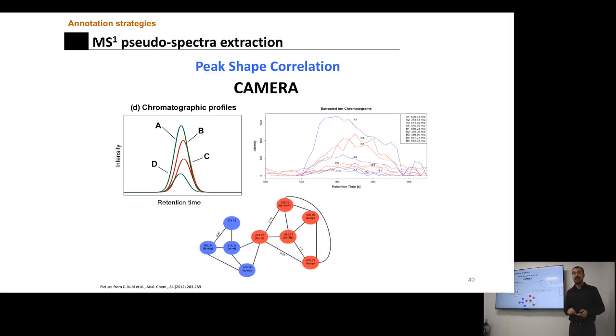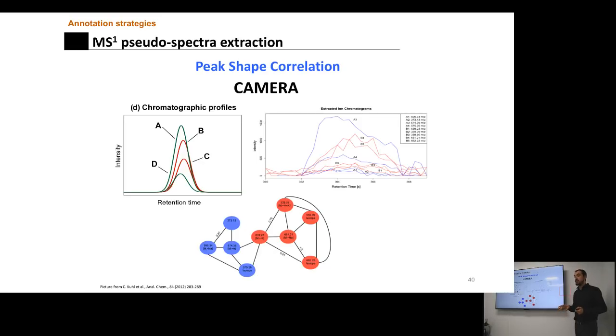It's an R package, and it's also integrated in our XCMS Online system. It starts by computing all the correlations among all the features and constructs a network, and then it extracts the features that are correlated and therefore assumed to stem from the same metabolite.